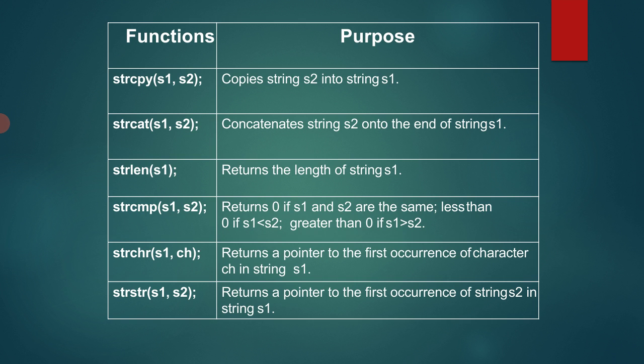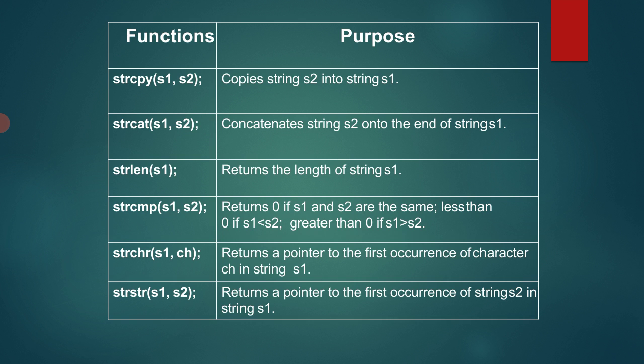The next function is strcmp. The strcmp function is used to compare strings. It returns 0 if s1 and s2 are the same, less than 0 if s1 is less than s2, and greater than 0 if s1 is greater than s2. So the compare function is used to compare two strings.